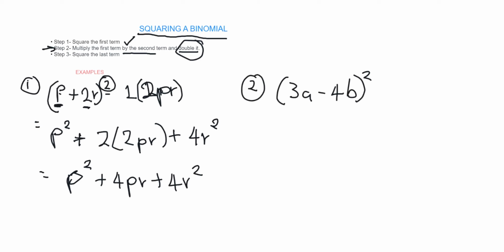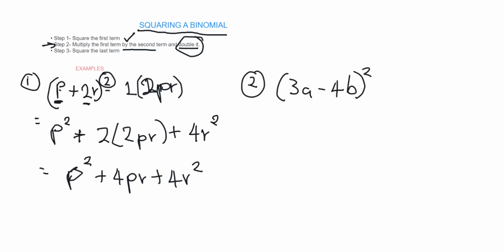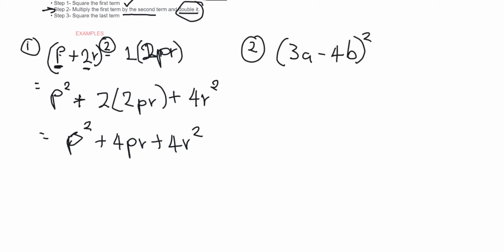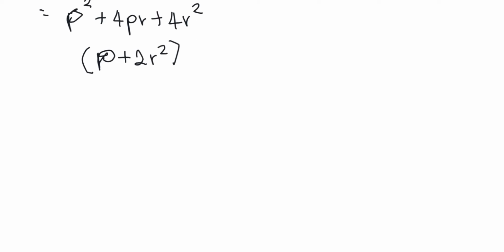Now let me take you through the one that I think most of you find very comfortable to use. Remember you have p plus 2r squared. So let me do this other one so that even those who like this one don't get disappointed when watching this video, because we want everyone to be entertained while learning.